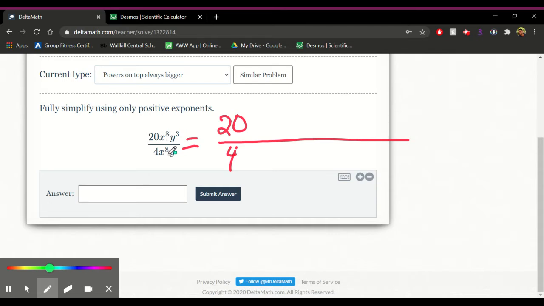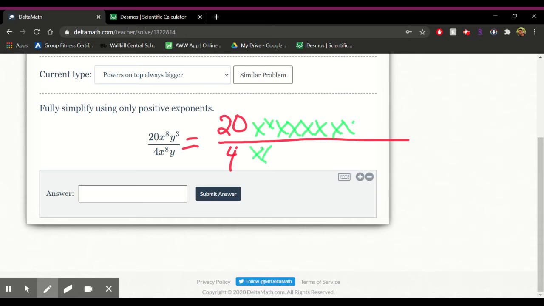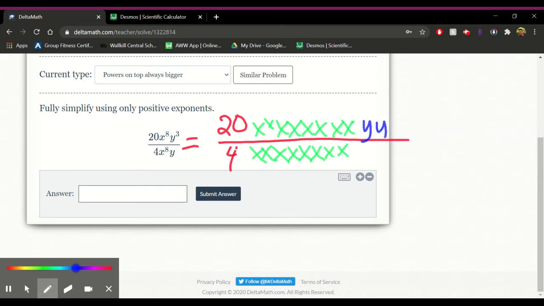We have 8 on top, 8 on the bottom. 1, 2, 3, 4, 5, 6, 7, 8. And you can tell right off the bat, well, if I have 8 on top, 8 on the bottom, those are all going to eliminate, right? Yep, you're right. Y to the 3rd, 1, 2, 3, over 1 y down here.